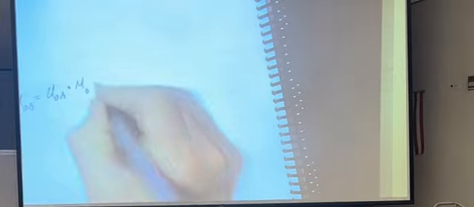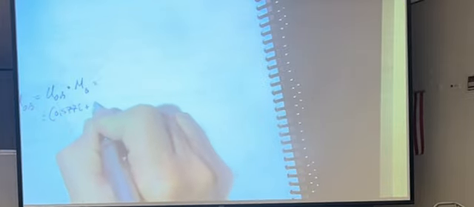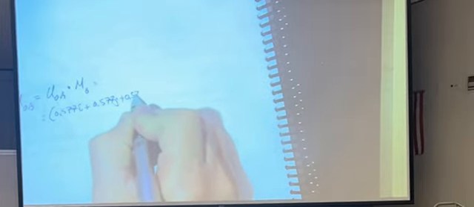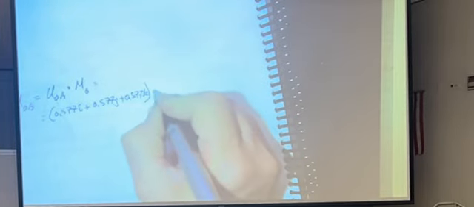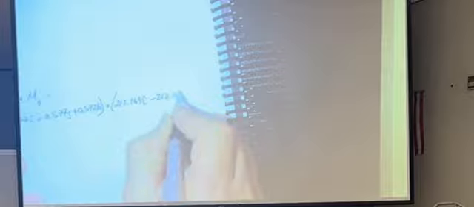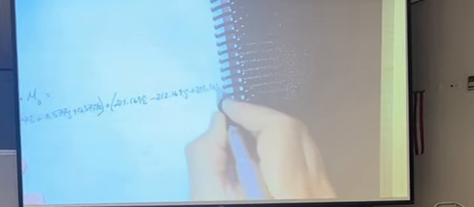Moment OB is unit vector OB dotted with M_O. This would have been 0.577i plus 0.577j plus 0.577k, and I'm going to dot that with 212.163i minus 212.163j plus 212.163k.